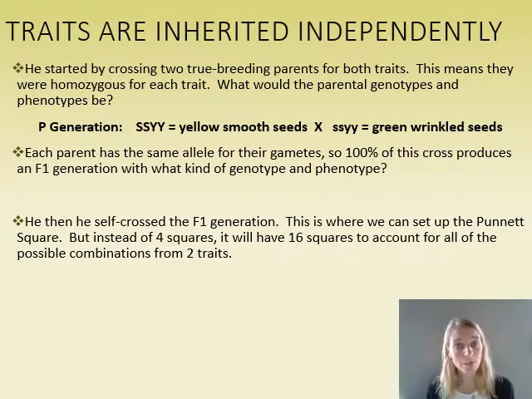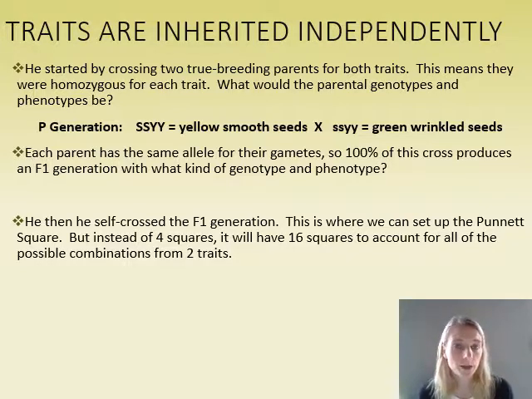Think about what happened when he first did that with the purple and white. True breeding purple, true breeding white, 100% of the offspring were purple. So it's going to be the same kind of pattern. He crossed the parents to get the F1 generation, and 100% of the offspring were all smooth and yellow. They were 100% of that dominant phenotype. But what do you think the genotypes are going to look like?